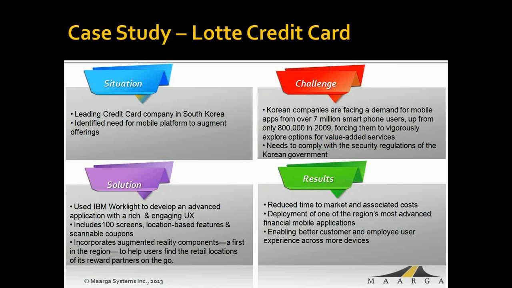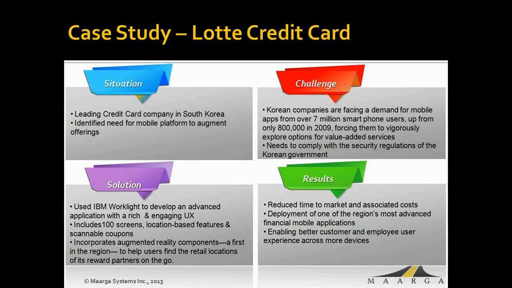The application incorporated augmented reality components. This was the first for South Korea, even in that Korean peninsula, that would help users find retail locations of reward partners on the go.